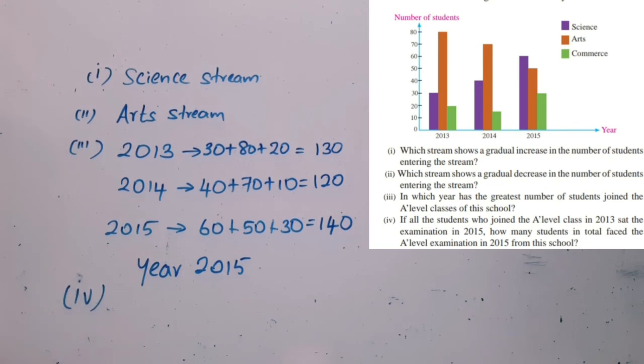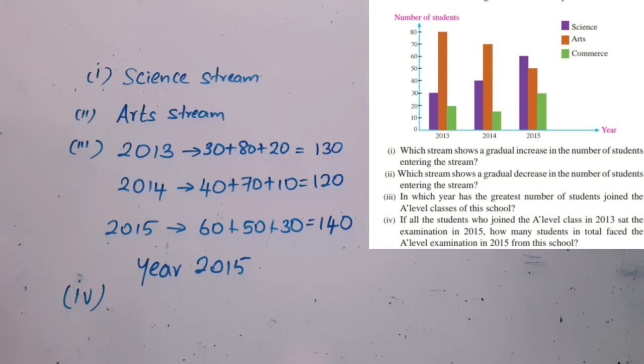Now let's look at the fourth question, children. This is a little bit tricky, you have to read it carefully in order to understand. If all the students who joined the A level in year 2013 sat the examination in 2015, how many students in total faced the A level examination in 2015 from this school? This particular bar graph shows the number of students who entered each year.